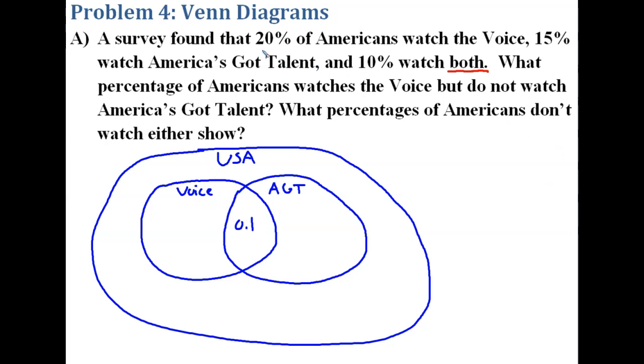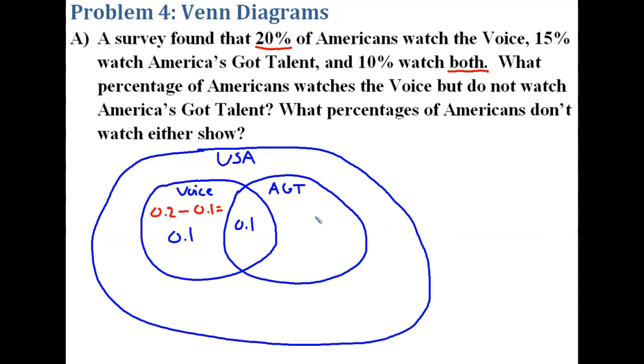So I'll take this 20% for The Voice, so 0.2, and subtract the both, the 0.1. That's going to leave me with another 0.1 or 10% for just The Voice and not America's Got Talent.